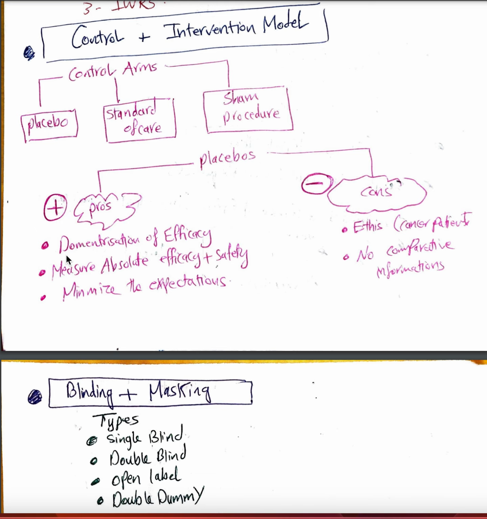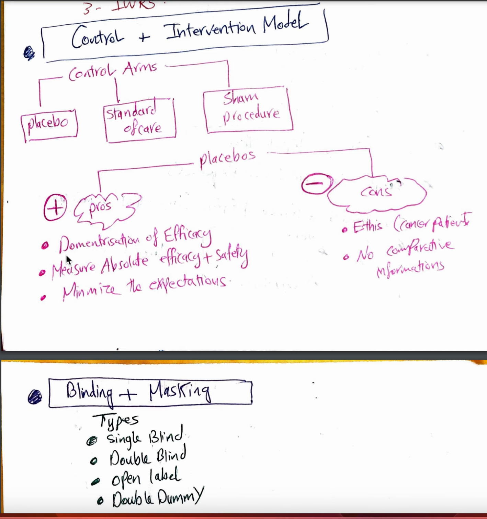How does it minimize expectation? For example, I use this new drug in the case group, and then I look at the control group, and there is only a little improvement. The results are almost the same as the control group, so that minimizes the expectation. So the pros of the placebo are demonstration of efficacy, measuring absolute efficacy and safety, and minimizing expectation.